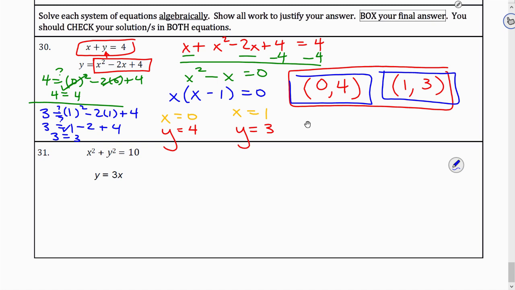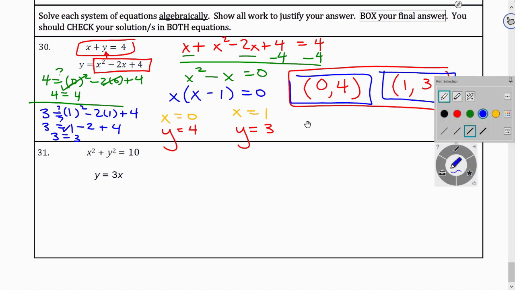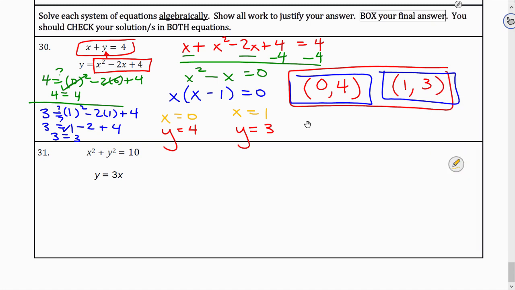Okay, 31 is a circle and a line. Again using substitution, I plug this into this y, and I get x squared plus (3x) squared equals 10. Simplifying this, 3 squared is 9, and x squared is x squared.